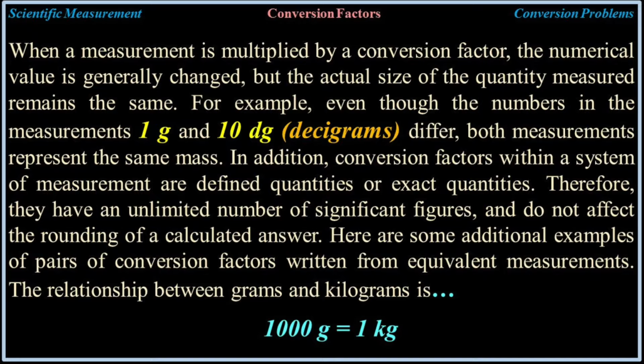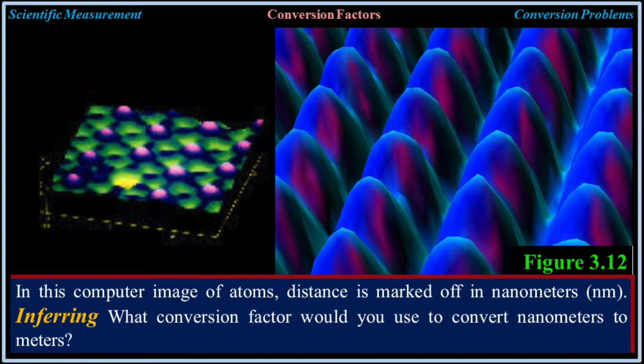Here are some additional examples of pairs of conversion factors written from equivalent measurements. The relationship between grams and kilograms is 1,000 grams equals 1 kilogram. So as long as they're equal, they are equivalent. In this computer image of atoms, from a tunneling microscope actually, distance is marked off in nanometers.